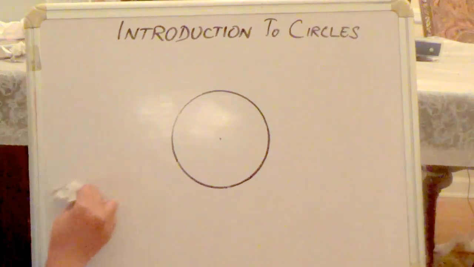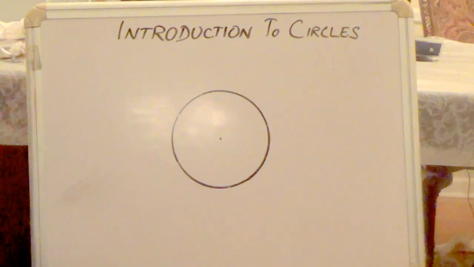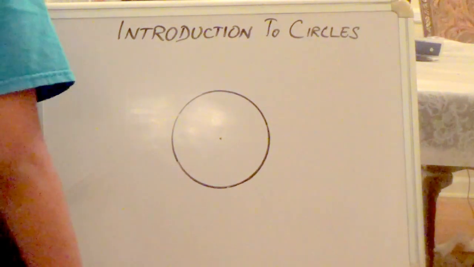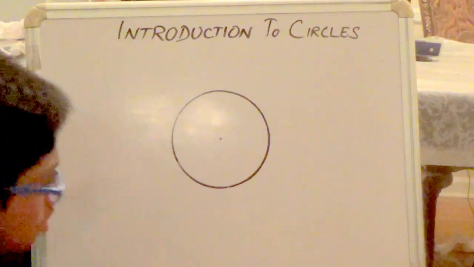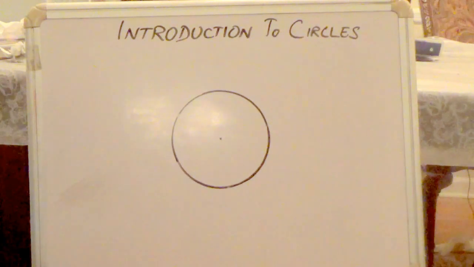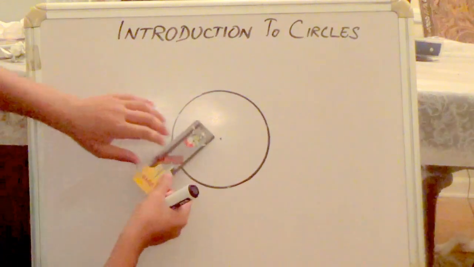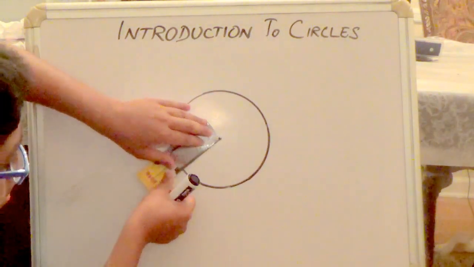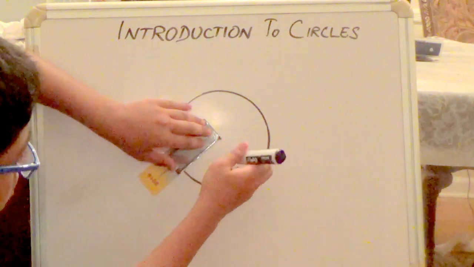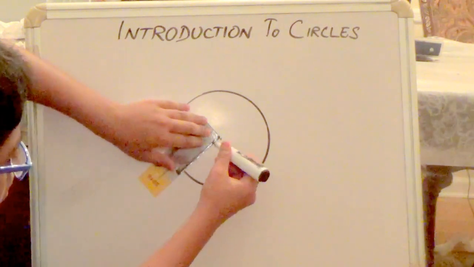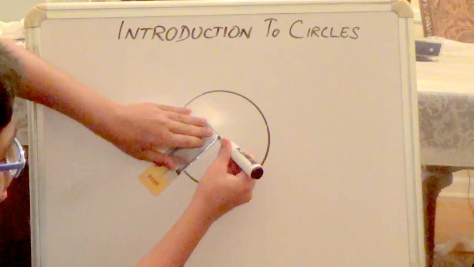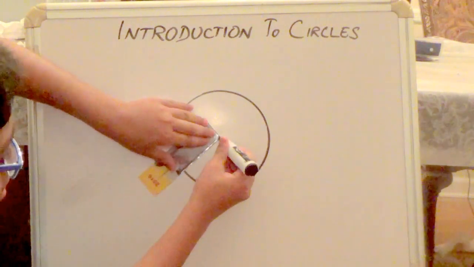Now to identify the major parts of a circle. Okay. So, the radius, the most famous part of a circle, is the distance from the center to one of the edges of the circle.